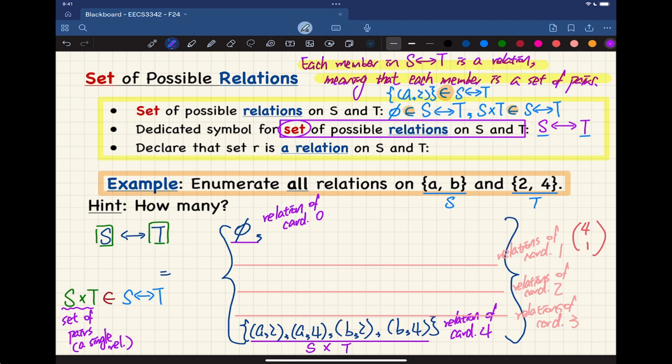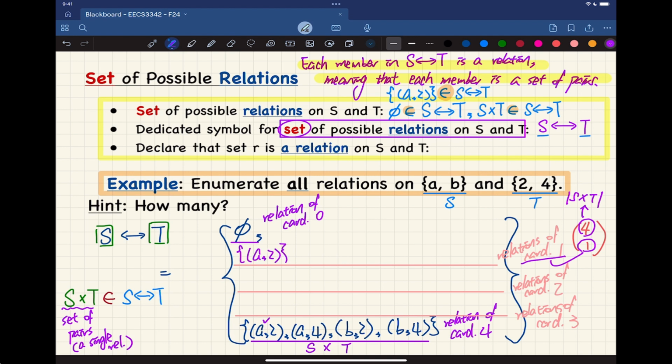And you should really understand the 4 over here is the cardinality of S cross product T. And the 1 here corresponds to cardinality 1 that we are talking about. And this one's not difficult to write down. Let me write it. The first relation is going to contain the first pair, A2.